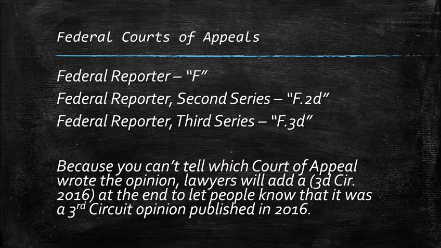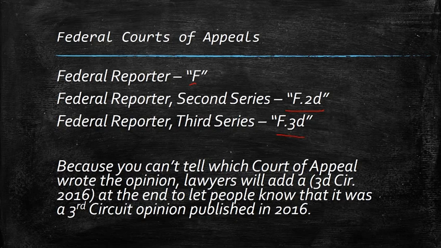Now, the next level down in the federal system, you have the Federal Courts of Appeals. The Federal Courts of Appeals are broken down into different circuits, but they are all found in the same reporter. So the Federal Reporter is just an F. Now, there are a bunch of circuits, and there have been a bunch of years that these circuits have been around, so the F has gone to a second series and then to a third series.